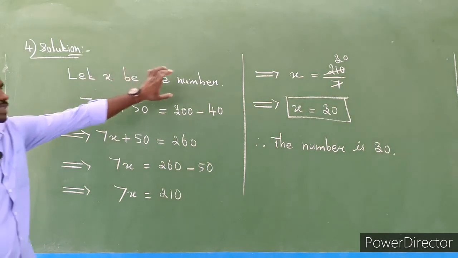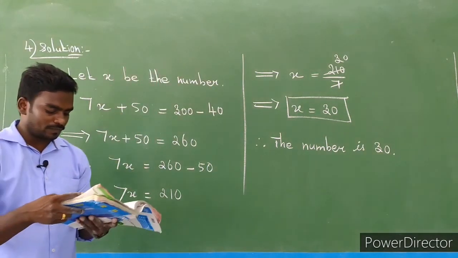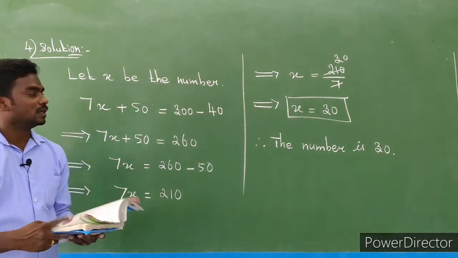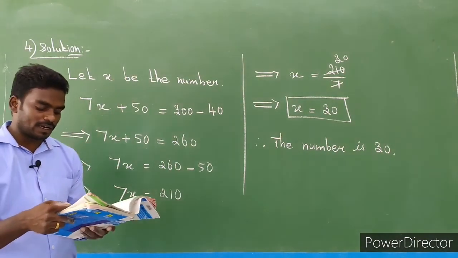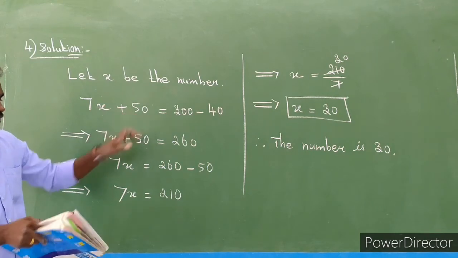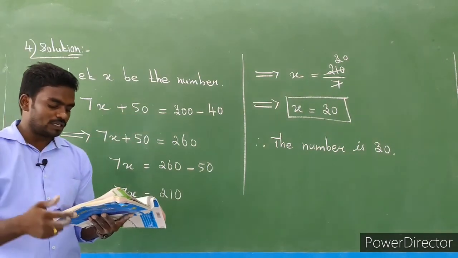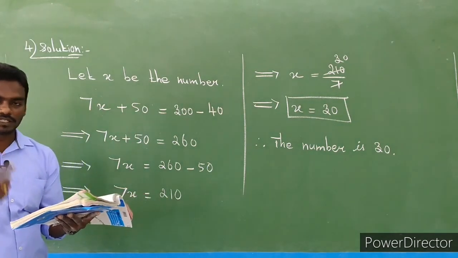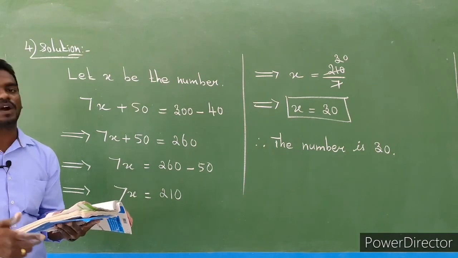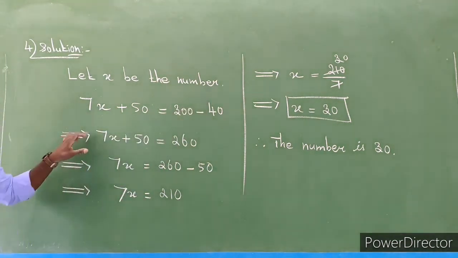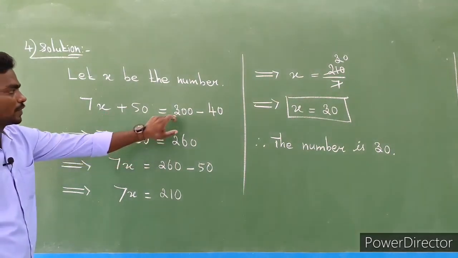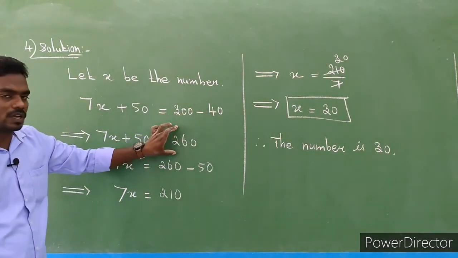How to solve this? Let x be the number and the condition is take me 7 times over, which means 7 multiplied by x, and add a number 50. So 7x plus 50. To reach a triple century, you still need 40. So 300 minus 40 we can write. Implies that 7x plus 50 is equal to 300 minus 40, value is 260.